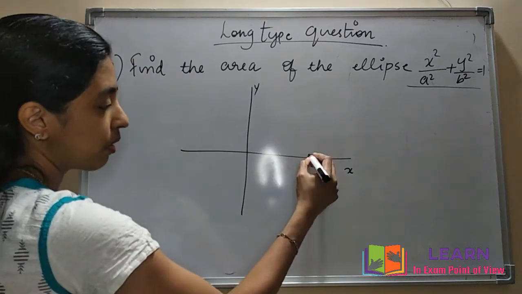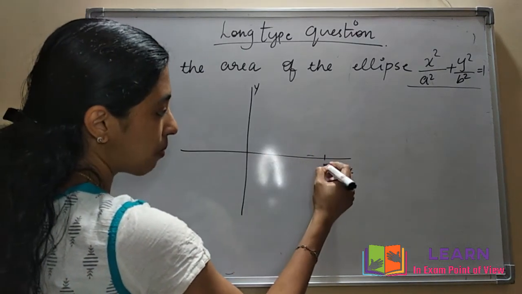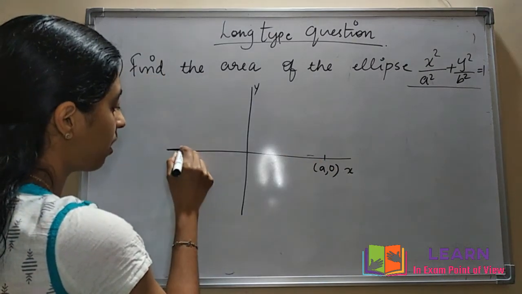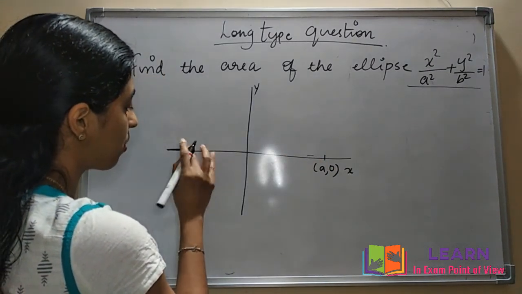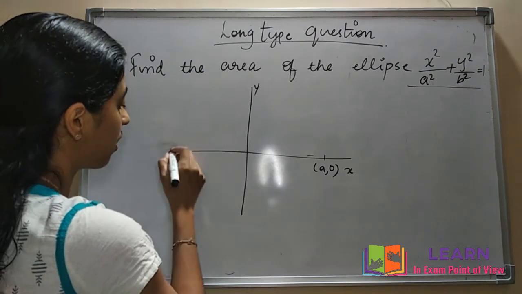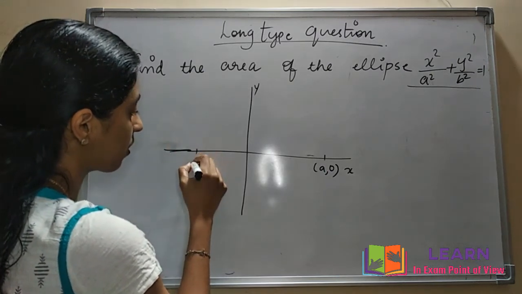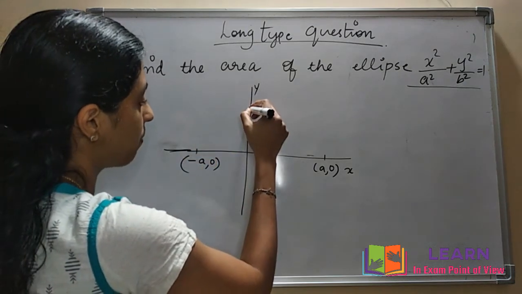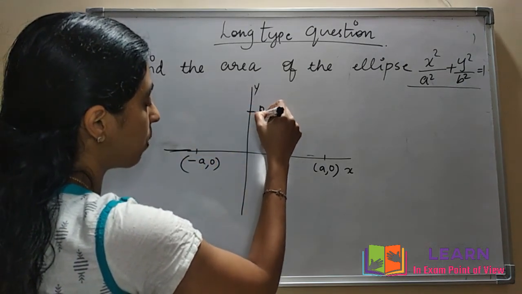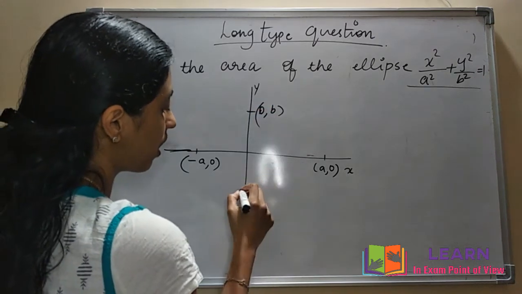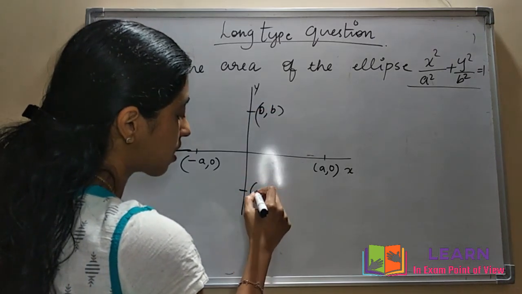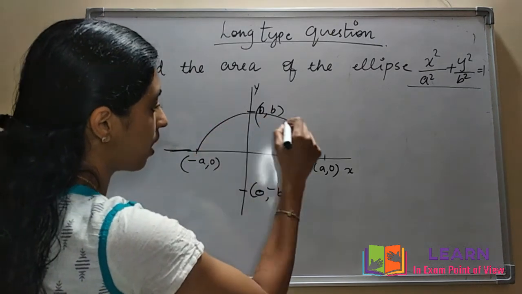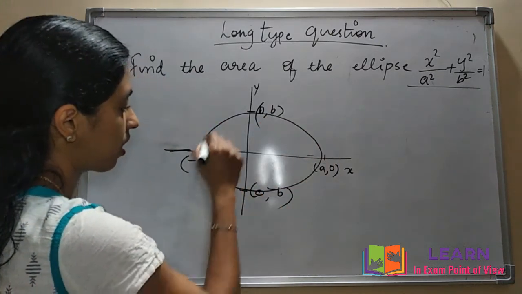Let it be here a point (a, 0), here (minus a, 0), then the point (0, b), then here (0, minus b). So the ellipse will be like this.